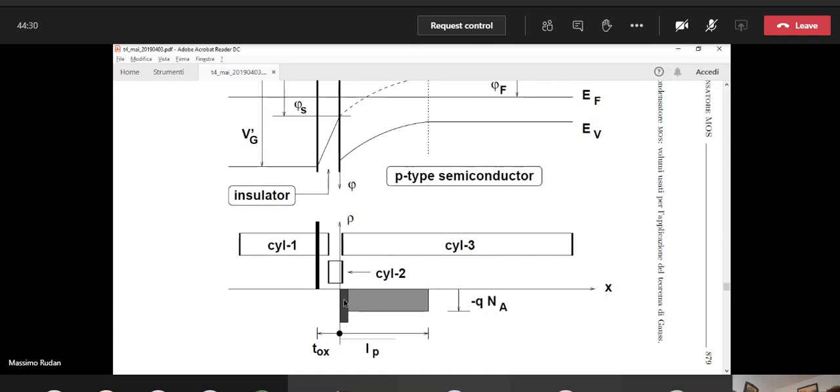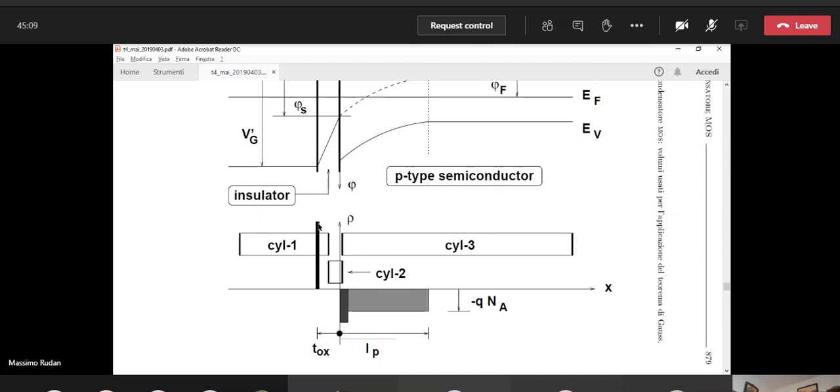On the other hand, globally, the device is electrically neutral. So if we have an excess negative charge on this side, we must have an excess positive charge on the other side, that is on the side of the metal, okay? Now, you remember, metals are equipotential regions, so it is forbidden, so to speak, for a metal to have a non-zero charge density in the interior.